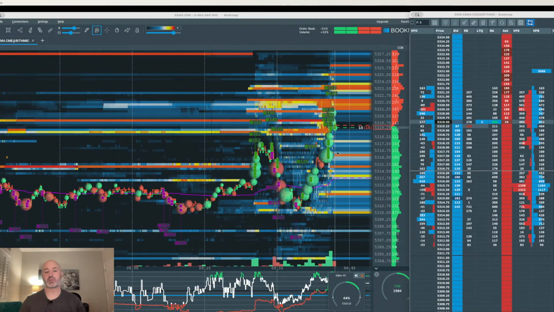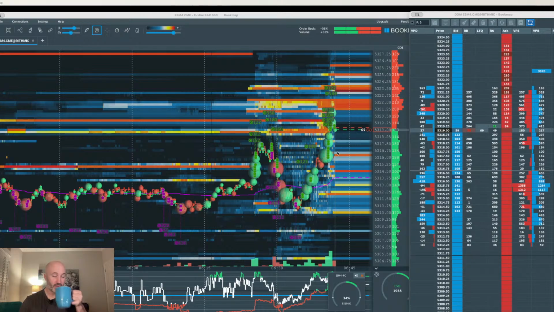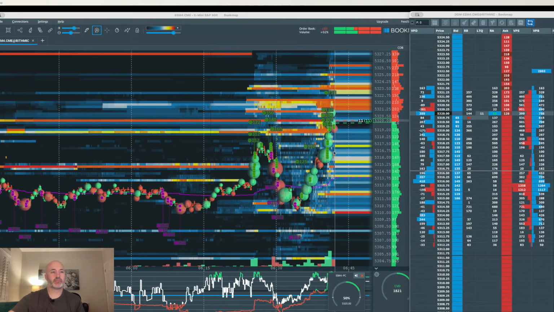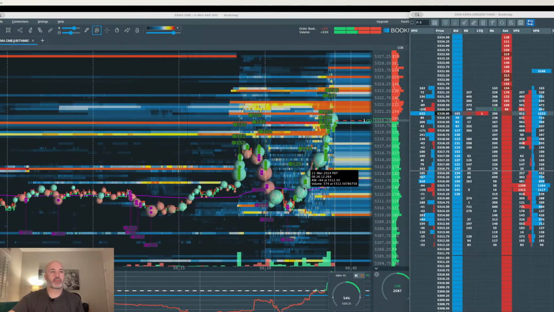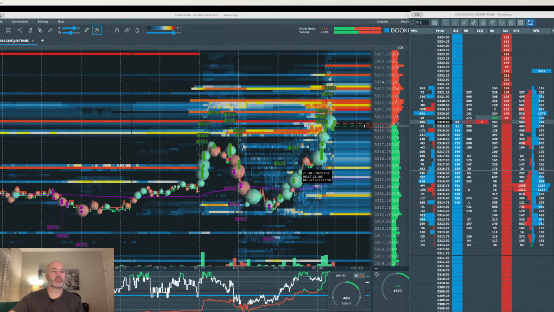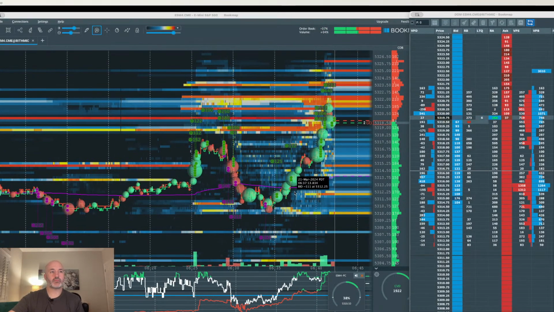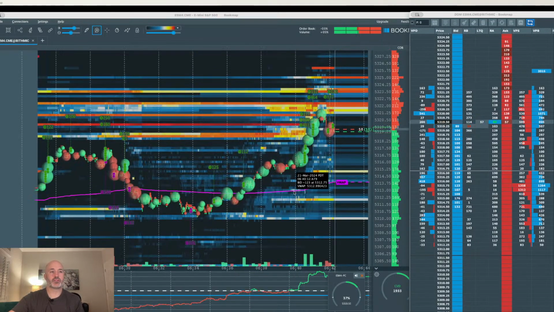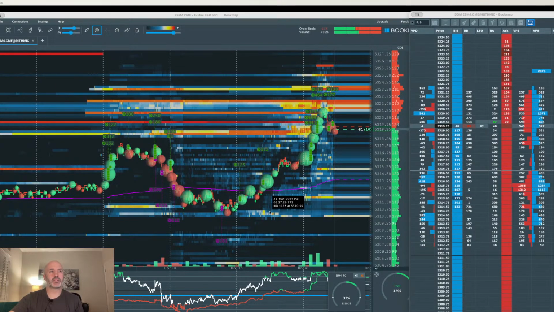A big gambler in that regard. I'm going to zoom in a little bit more, try to get more information. I'm always zooming in and out.